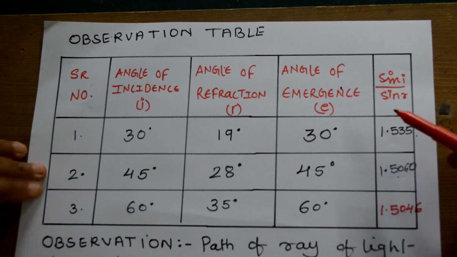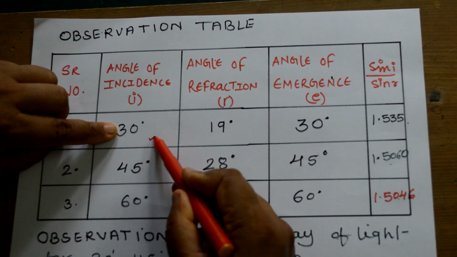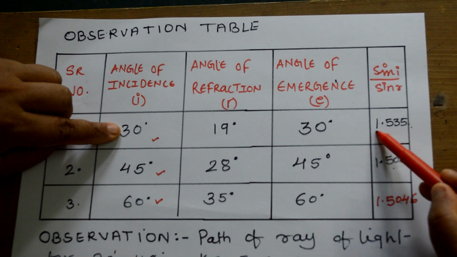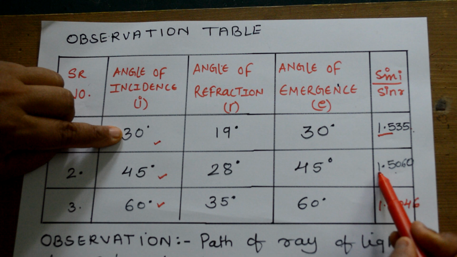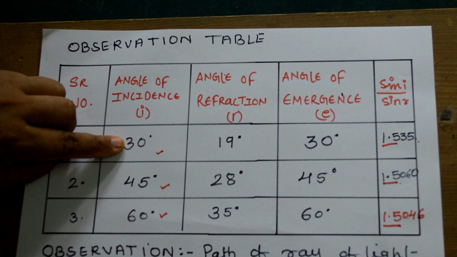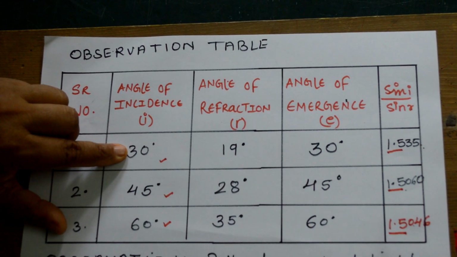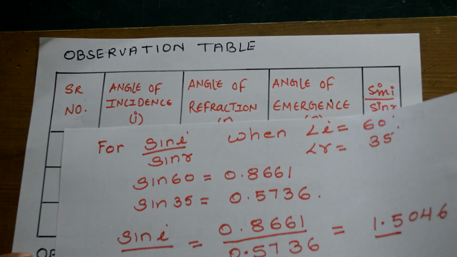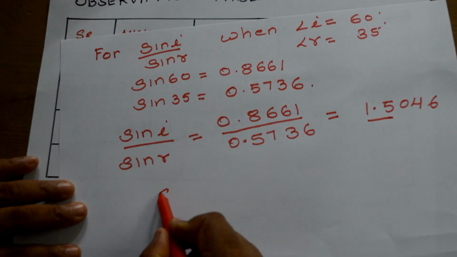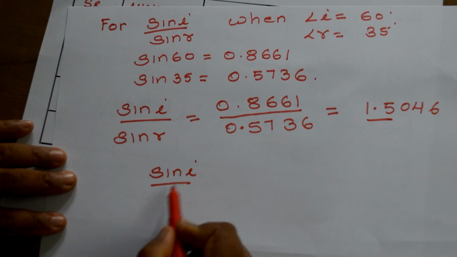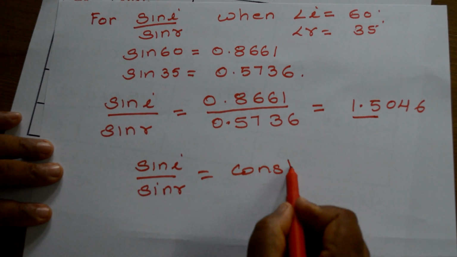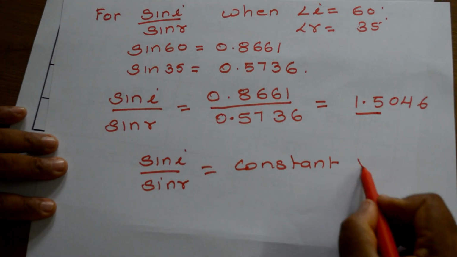See here, children, every time you increase the angle, sin I upon sin R is 1.5. So sin I upon sin R is equal to a constant value.